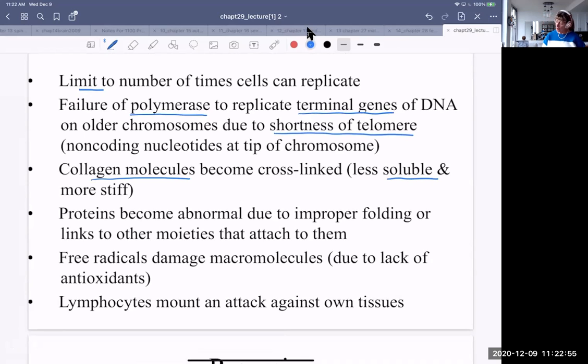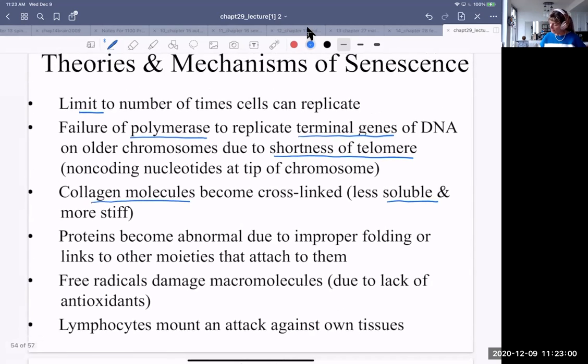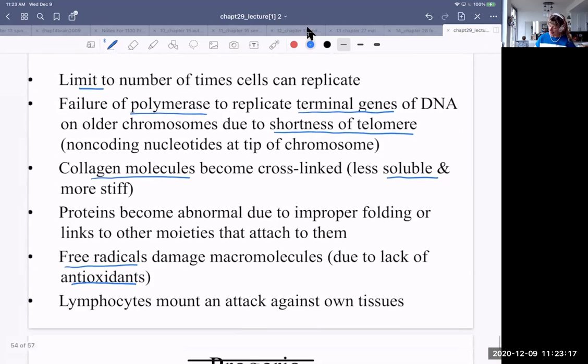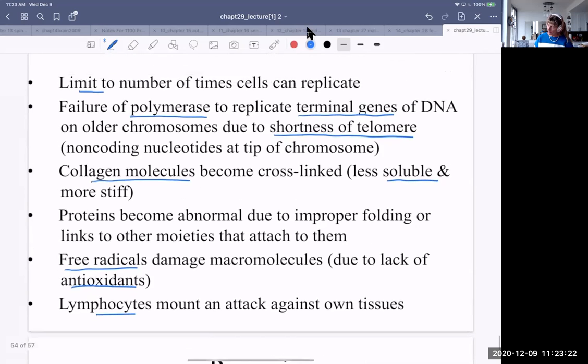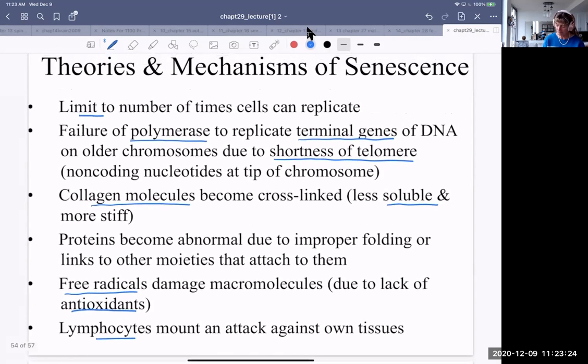Proteins become abnormal due to improper folding. So in the process of making proteins, they don't become the shape that they're supposed to be for their function. Free radicals may accumulate and damage macromolecules. That's due to lack of antioxidants. So antioxidants like dark green leafy vegetables and blueberries, of course, are important to maintain in a diet. And lymphocytes may mount an attack against one's own tissues. So that is an autoimmune kind of function.